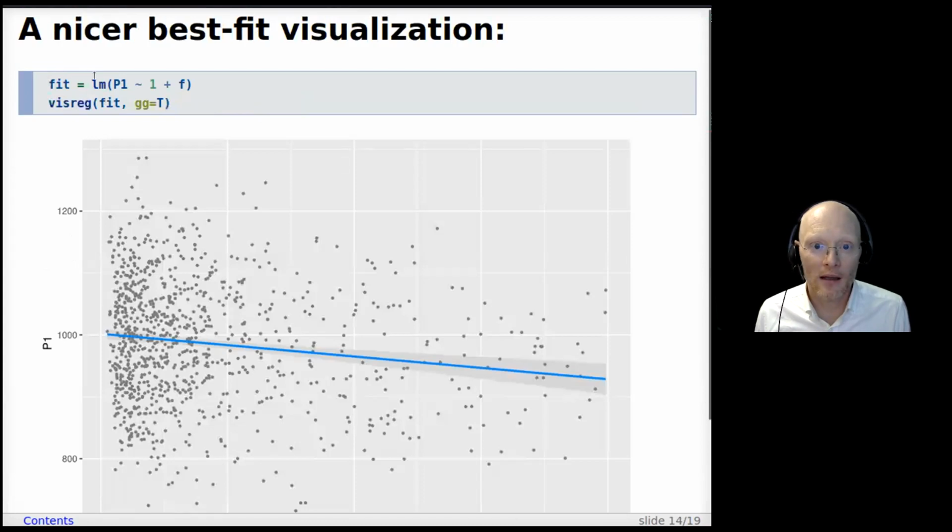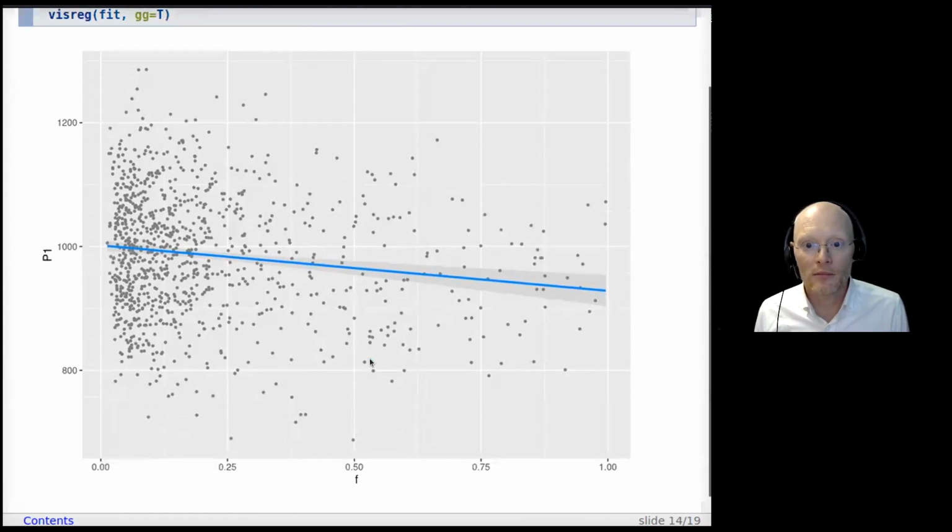So again, we're making this linear fit. We're going to call that thing fit, and then we're going to give it to this other function called visreg, and it's going to show us not just the line, but also some predictive confidence interval, shaded, overlying the data. And so that we can see something about whether we're actually able to statistically resolve that downward slope or not.